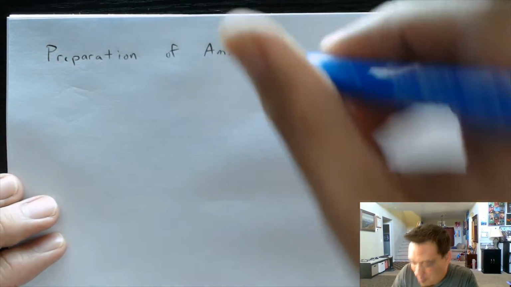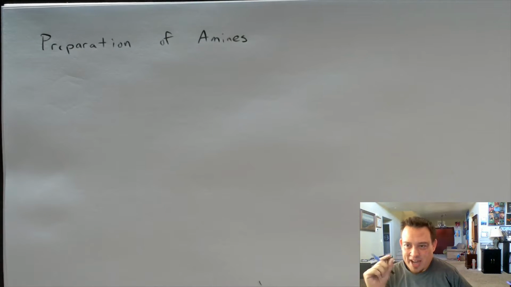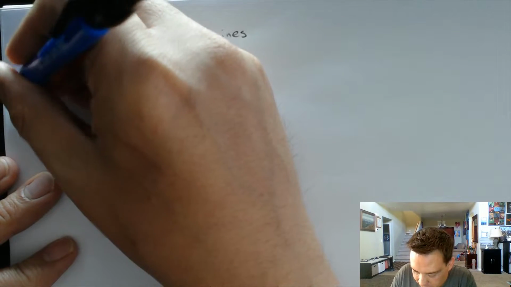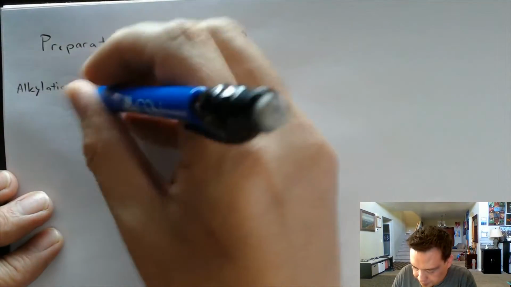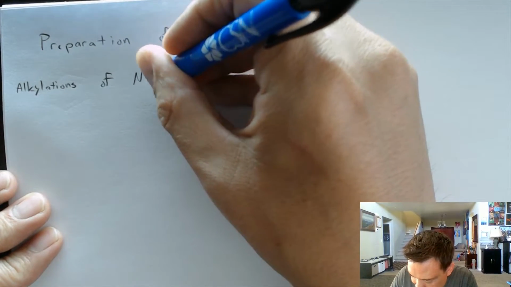All right. We actually have done a lot of this stuff already. I think there's only one actually new reaction here. Well, we have done this before in the past. So I want to go ahead and show this first one here. So this is alkylation of ammonia.